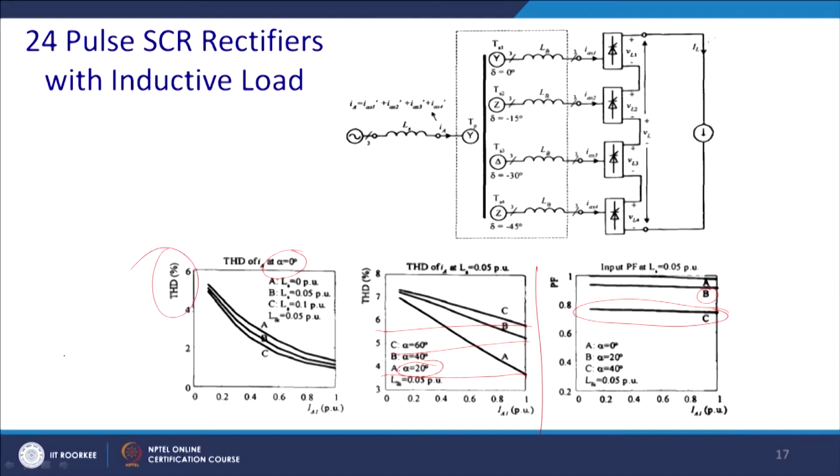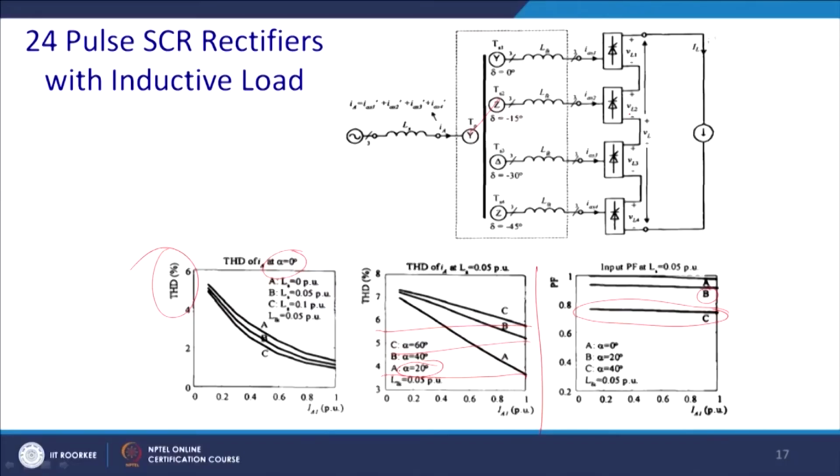Now, what are the major drawbacks of the multipulse converter? One of the major drawbacks is that since you are feeding a DC load, if there is a mismatch of the triggering angle of this converter, then there will be a mismatch of the DC component in the primary, and this also leads to saturation of the transformer.